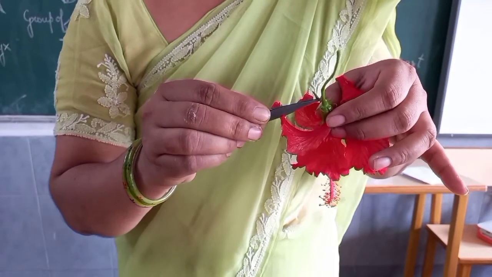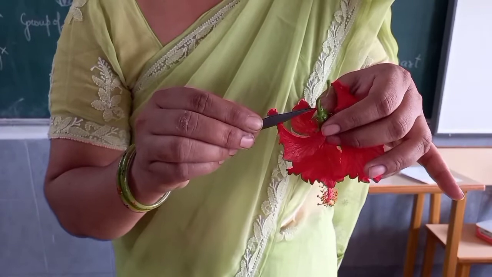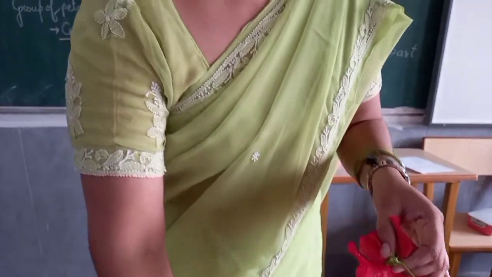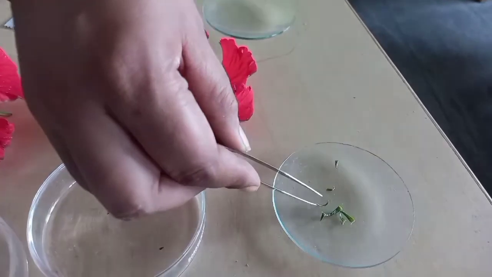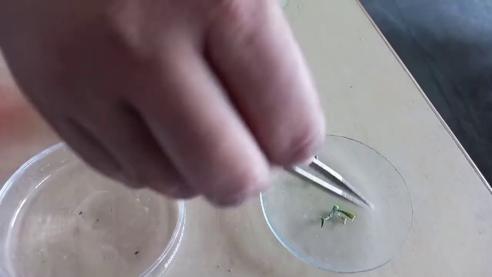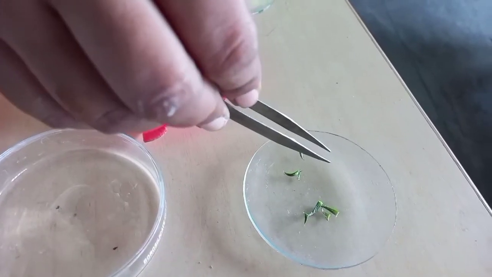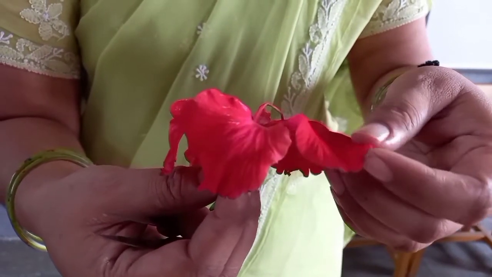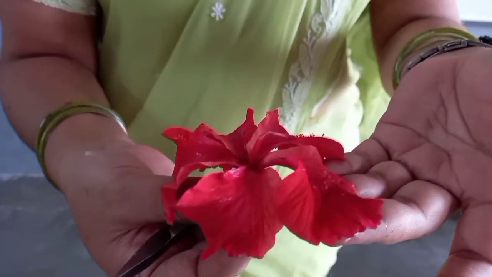So this is the first outermost whorl of a flower. The single is known as sepal, and all the green leaves together are known as calyx.